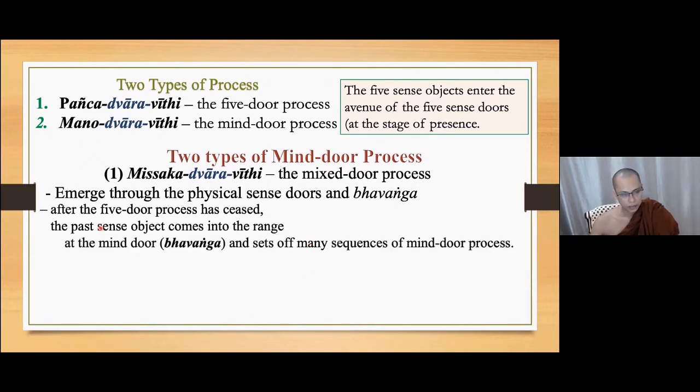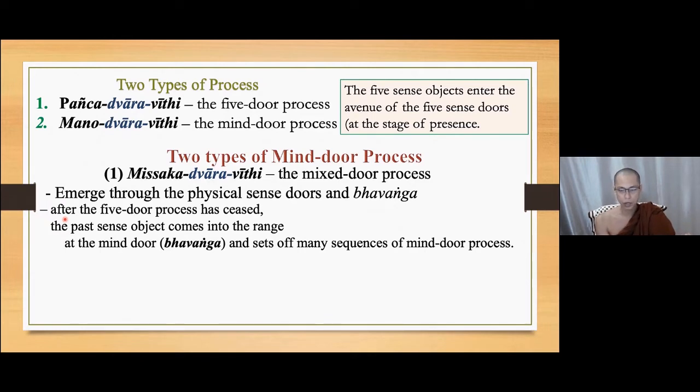So let's see. After the five-door process has ceased, the process arises and then finishes and enters the bhavanga. Then after that, the mind-door adverting starts to arise, taking the same object, but it is past according to the time.